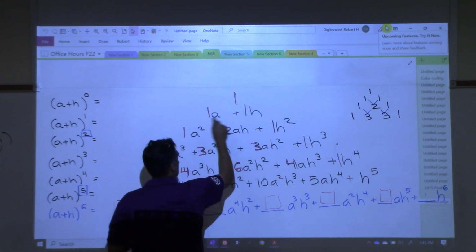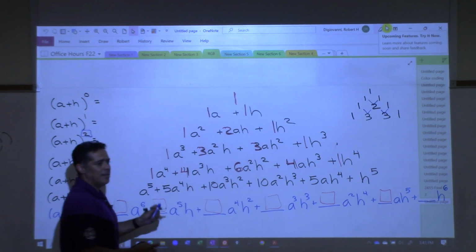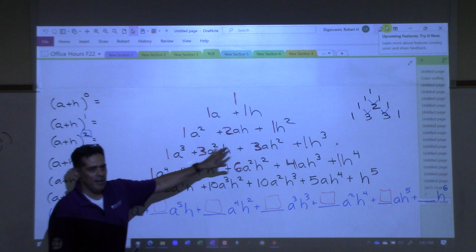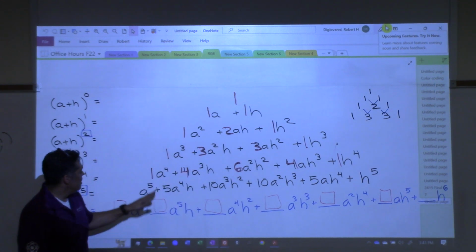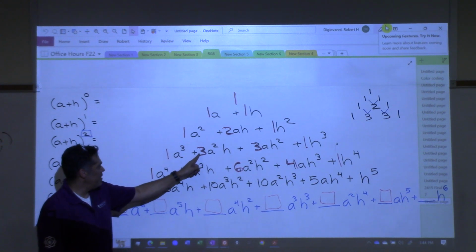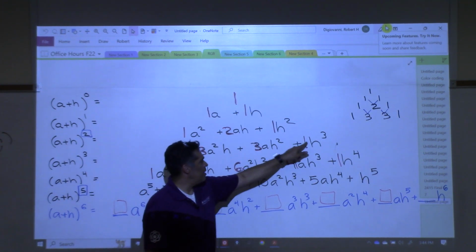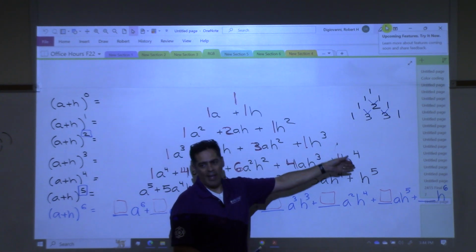So 1; 1, 1; 1, 2, 1; 1, 3, 3, 1. And now to get the next one, you can almost do it here without even looking up there anymore. You have the 1s on the edges. What's 1 plus 3? 4. What's 3 plus 3? 6. 3 plus 1? 4. And then the edge is always 1.